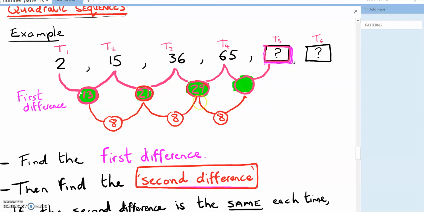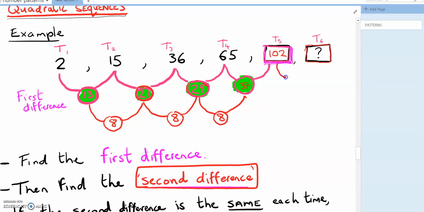Okay? So if the difference between 29 and this number here is 8, well then this number must be 37, which means it's 65 plus 37, which is 102. Now, to find term 6, it would be the same.